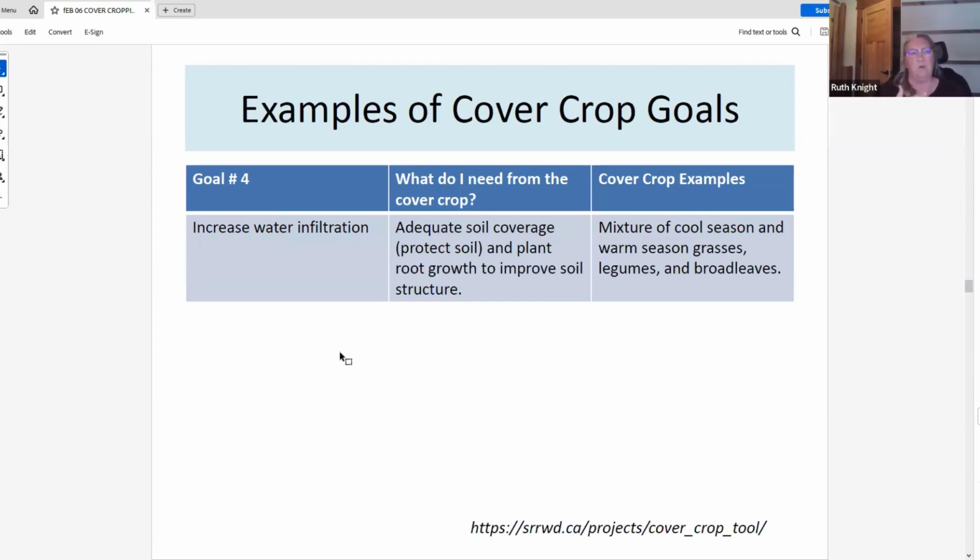And for some of the other goals you'd be considering a mixture, particularly with increasing water infiltration, because the species diversity with deep tap roots and fibrous roots and different root structures are able to explore more of the soil profile and have a greater impact in terms of that soil structure.